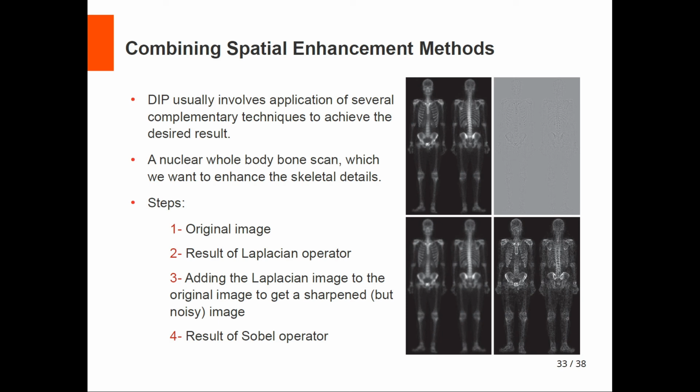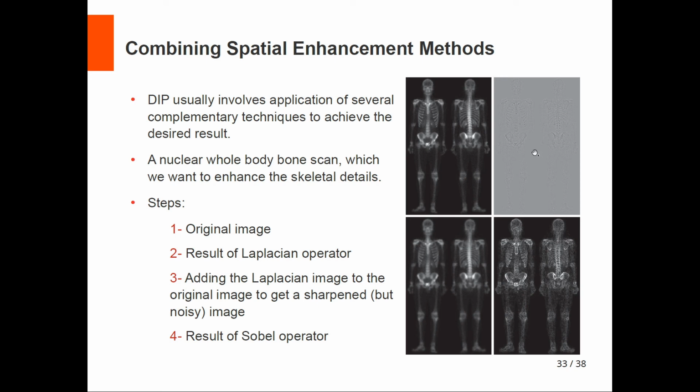In general, in digital image processing applications, we usually have to apply several of these techniques to achieve the desired result. Here we can see an example. On the top left corner, we have a nuclear whole body bone scan in which we want to enhance the skeletal details.